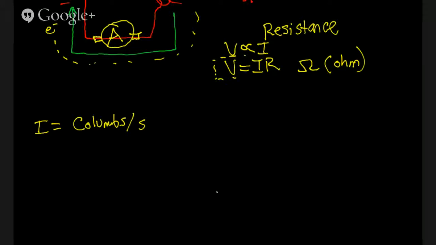If you were to go down to a subatomic level in our wire and count the number of electrons going through that wire, that would equate to a measure of coulombs. And so we generally want to know how many coulombs are flowing in a given time period, so we use amperage, which is measured in amperes.